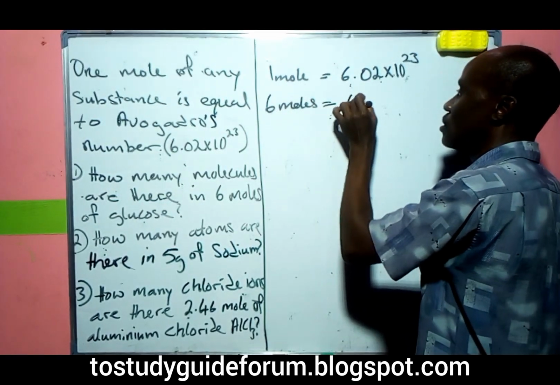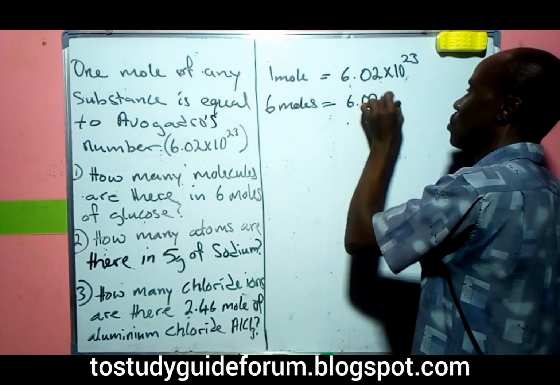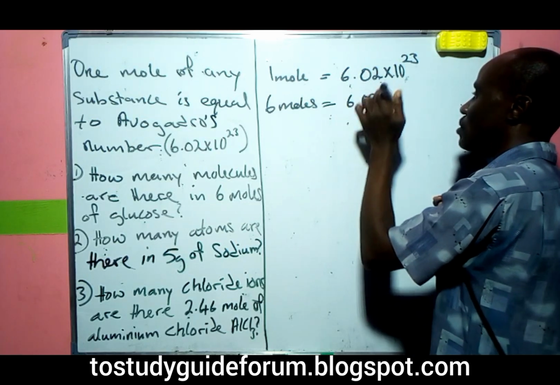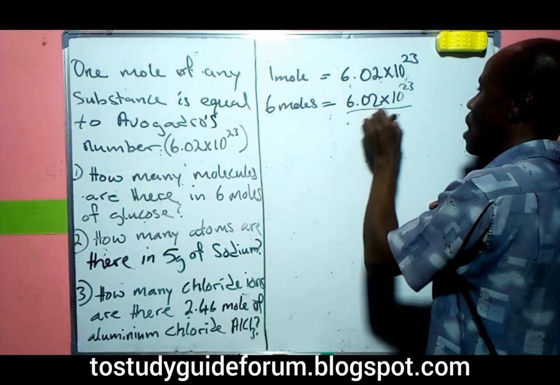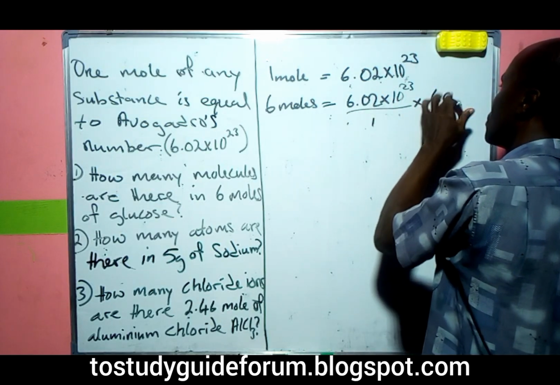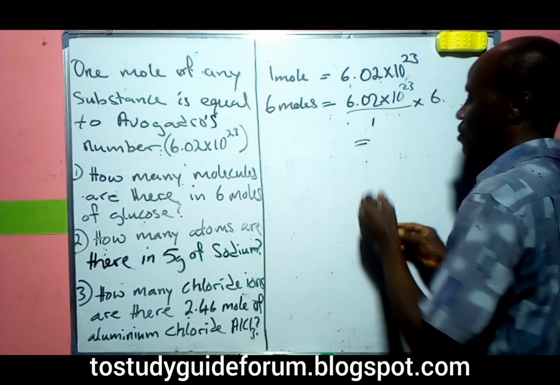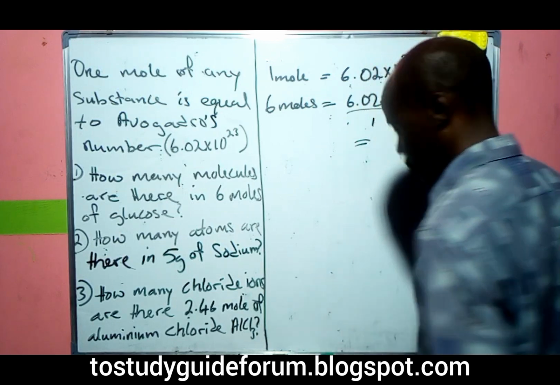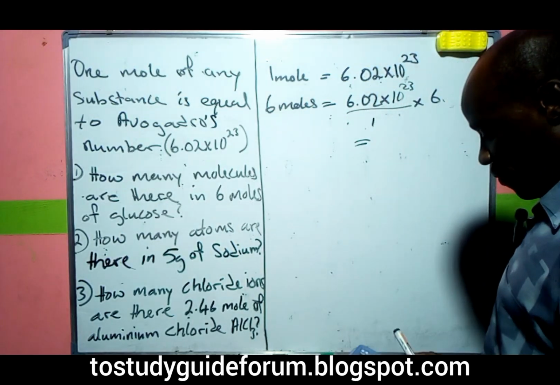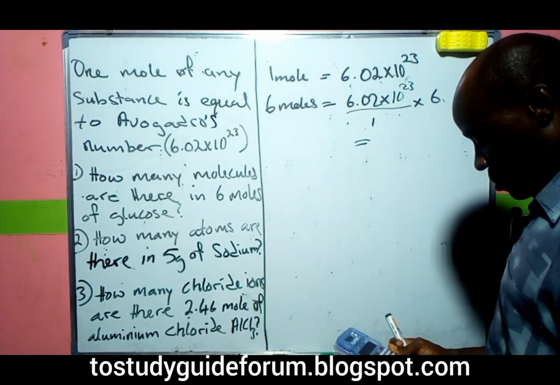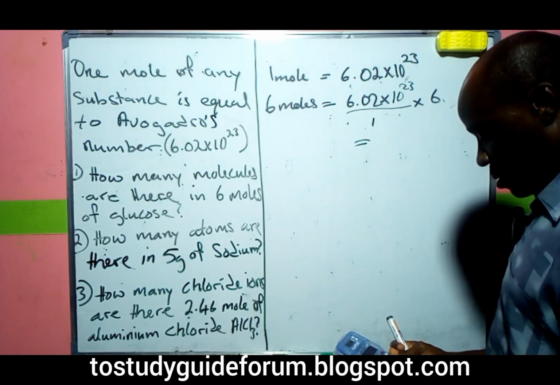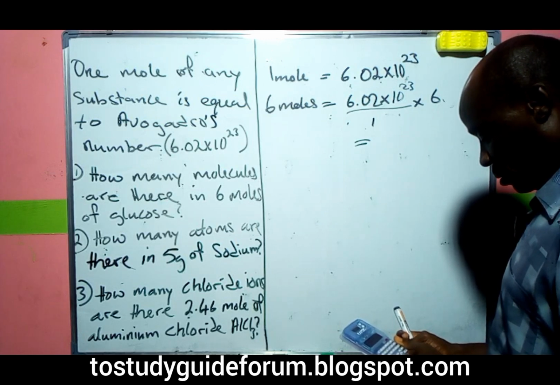Now, 6 moles of glucose will then be 6.02 times 10 raised to the power 23 all over 1, times 6. What do we have there? Let's just use our calculator to be very sure of what we are doing here. Times 6.